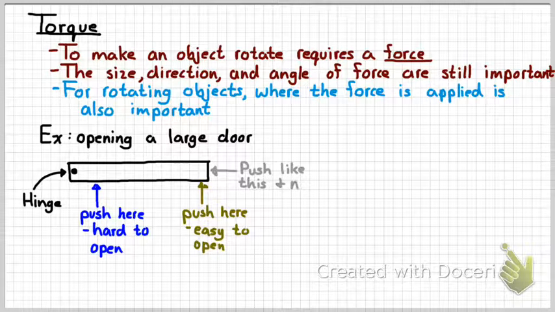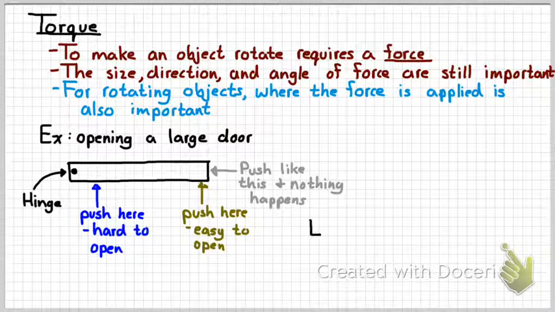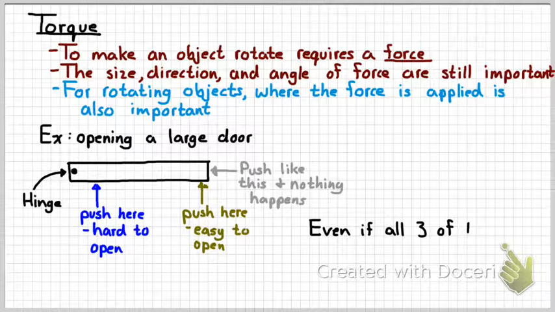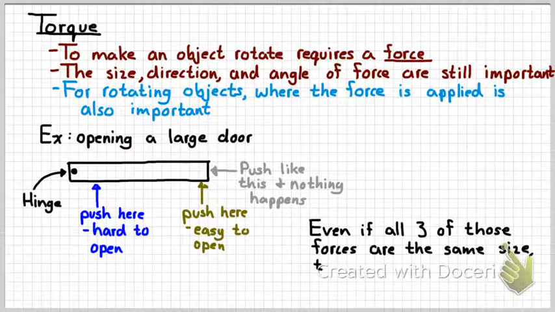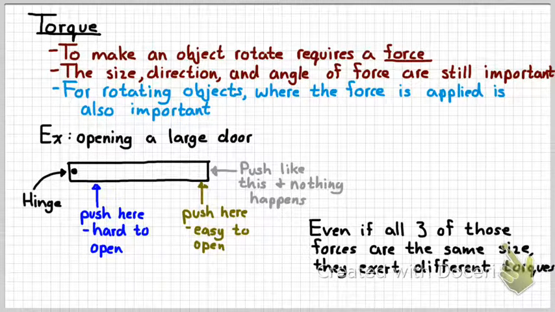And if you push the door straight toward the hinge, well, nothing's really going to happen. You're not going to move the door at all, short of busting it off its hinge or something crazy like that. So even if all three of those forces are exactly the same, they're going to have different effects on the rotation of that door. The different effects we refer to as a torque.